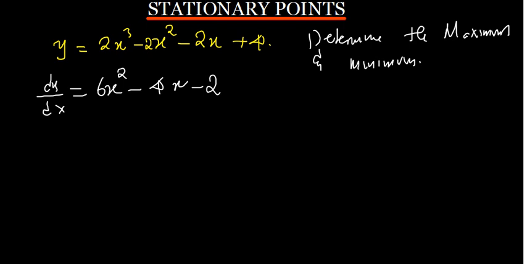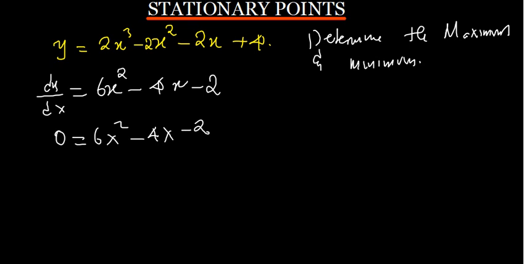Alright. So from this point now, remember we are first finding the turning points before we can determine the maximum or the minimum. So where there is dy over dx, we are going to put 0 now. This is going to be 0 is equal to 6x squared minus 4x minus 2.